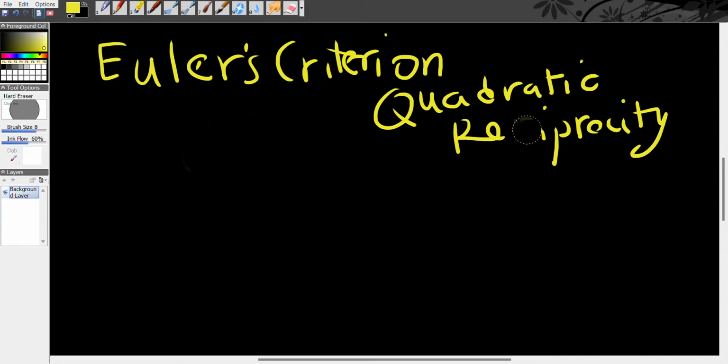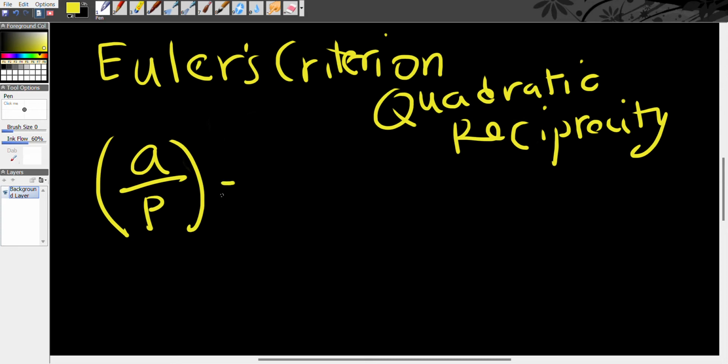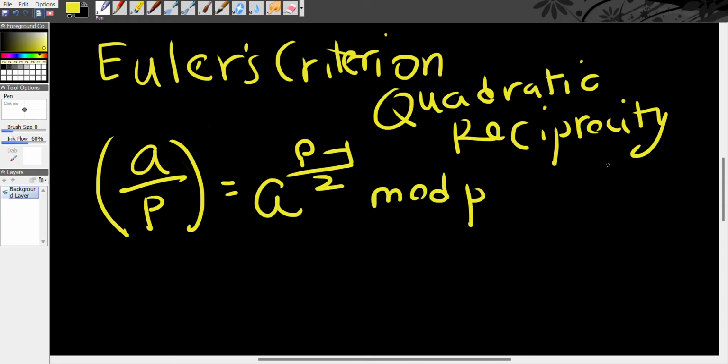So if you had the Legendre symbol a over p, Euler's criterion tells you that it's a to the (p minus 1) over 2 mod p.